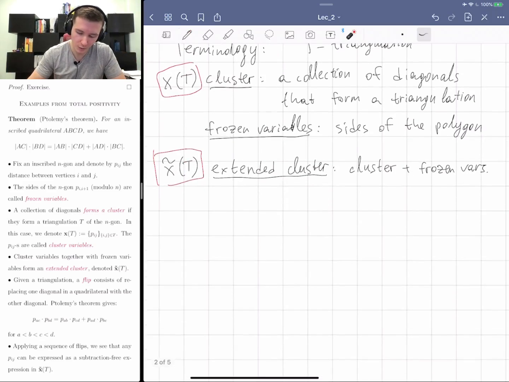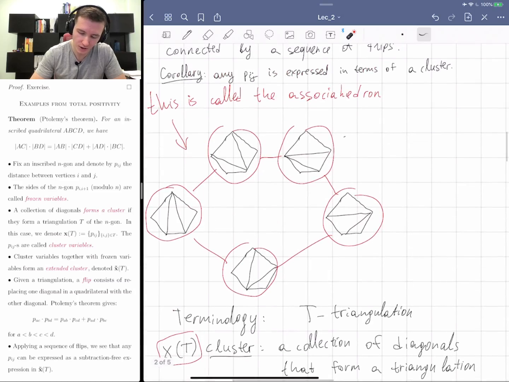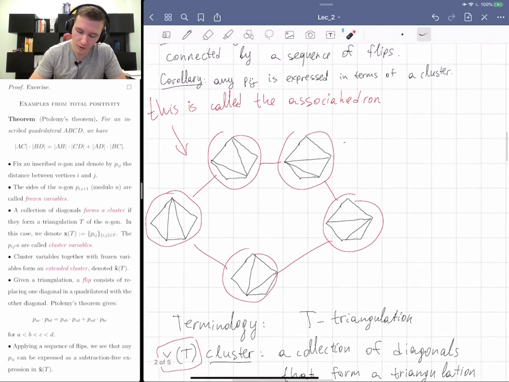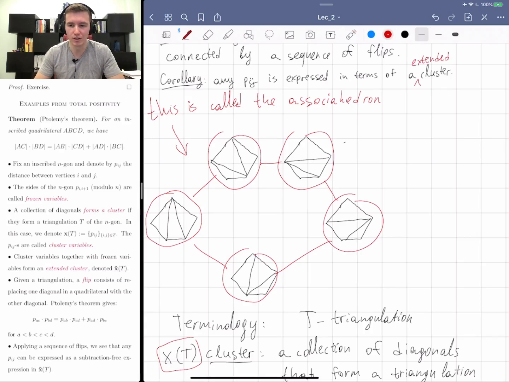I told you one claim, which is that I can express any diagonal in terms of the cluster. Well, this is supposed to be extended cluster, because I'm also using the sides of the polygon.